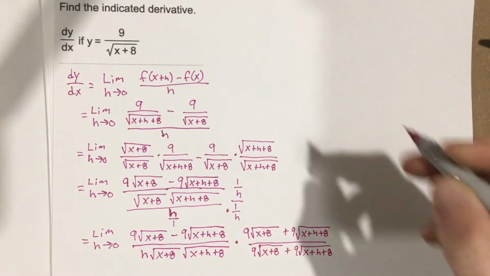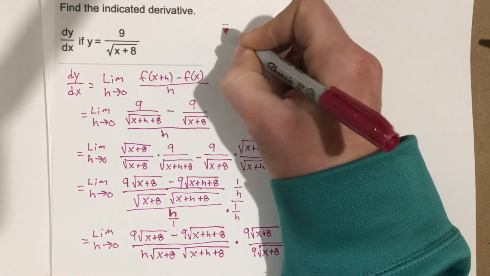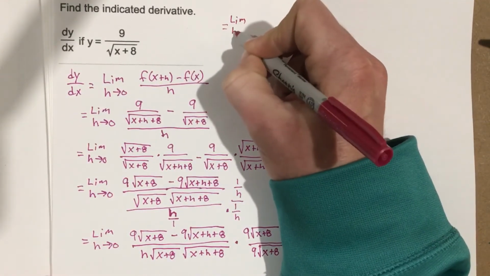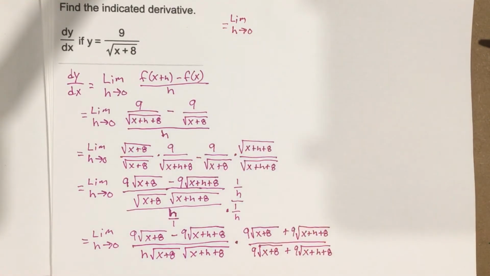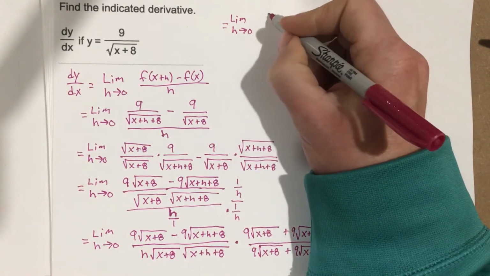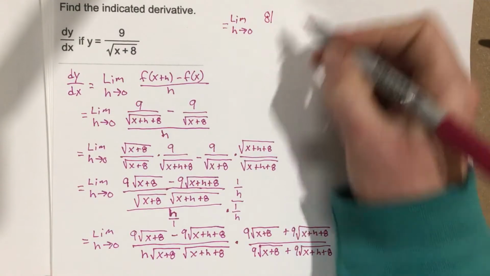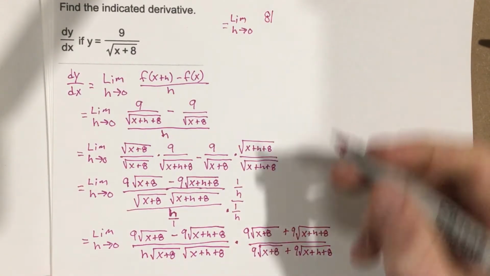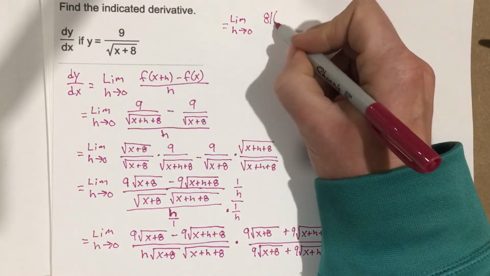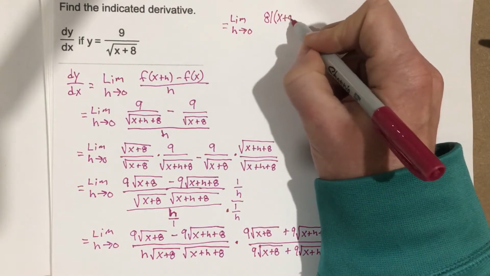So when we multiply that on top, remember, we still have limit as h approaches 0. On top, we'll end up with 9 root x plus 8 times 9 root x plus 8. Well, that's going to be 81. And then root x plus 8 times root x plus 8 cancels the radical, so you're just left with 81 times x plus 8.